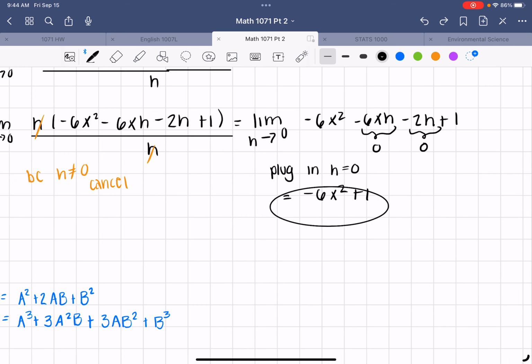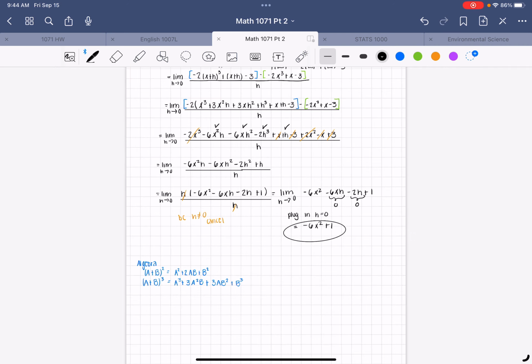Just like up here, when you did the second term, the 3x squared h. That is what survives and becomes your derivative. Which is why here is your pattern. The derivative of x to the n is n x to the n minus 1. That's the pattern we're picking up.